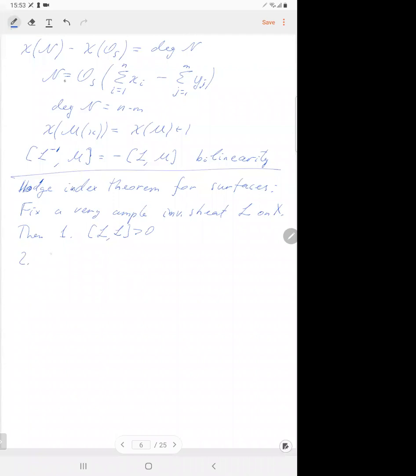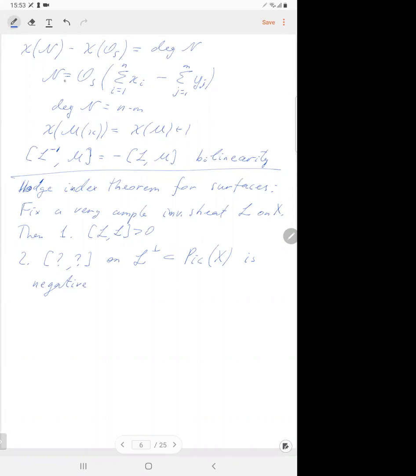Second, the pairing on its complement, on the orthogonal complement inside the Picard group of X, is negative.